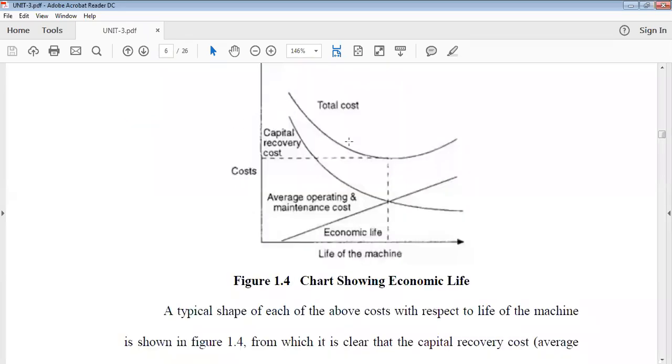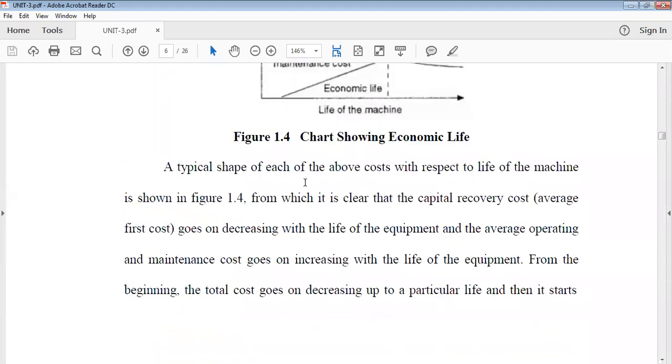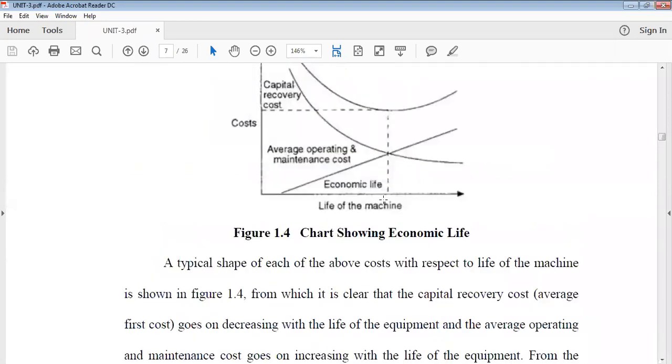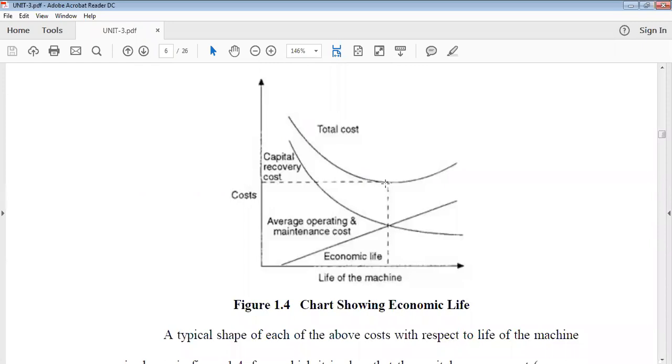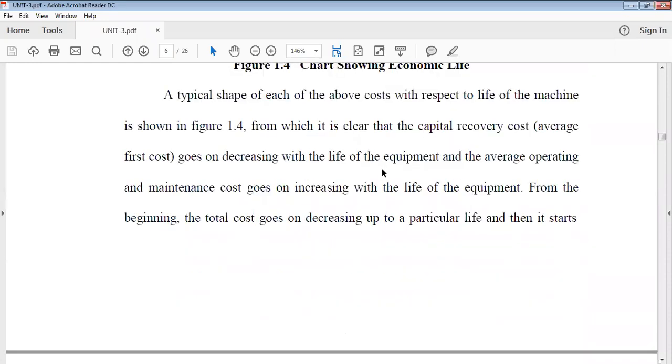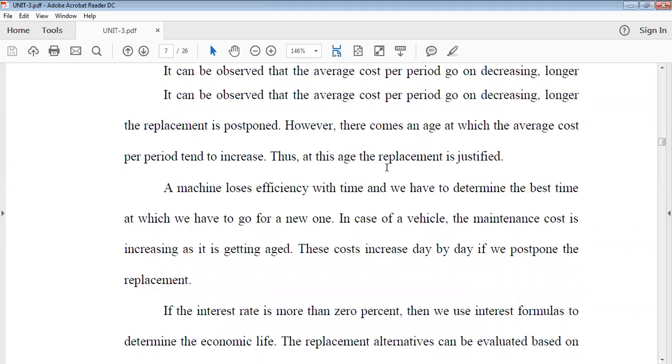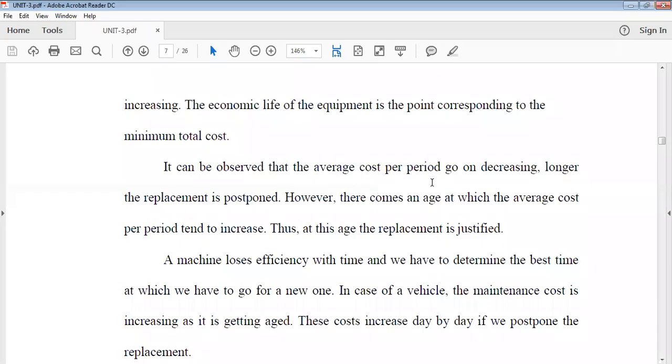So up to a certain point it is decreasing, after that it is increasing. So that is what is inferred from this. The economic life of the equipment is the point corresponding to the minimum total cost. So this is the particular point, the economic life, where it changes from decreasing to increasing. Next, one can observe that the average cost per period goes on increasing the longer the replacement is postponed.